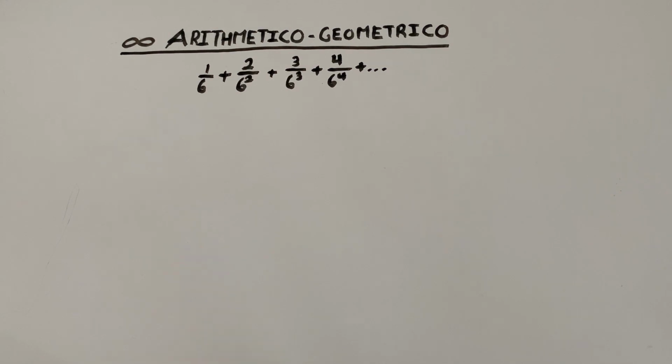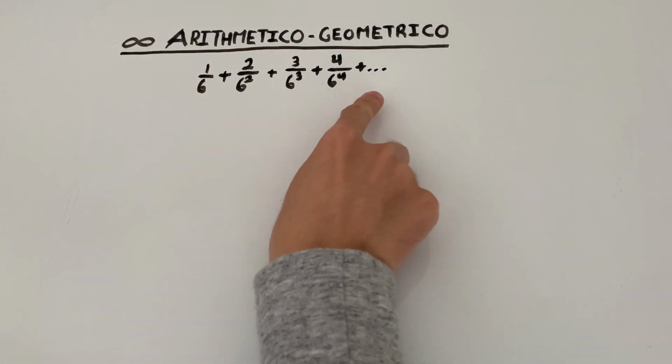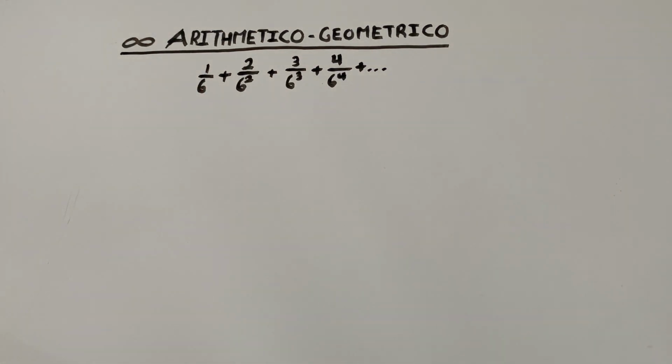So why exactly is this sum right over here an arithmetico-geometrico series? Well, that's because this series contains both an arithmetic component and a geometric component. So if you're confused on what I'm talking about, let's do it together. Let's identify the arithmetic component first.